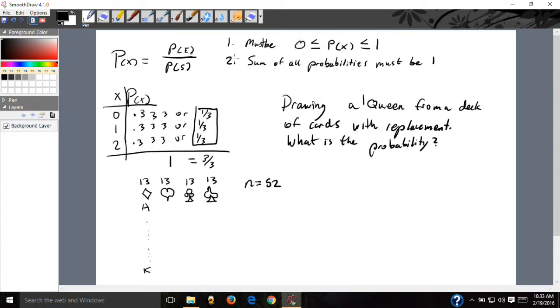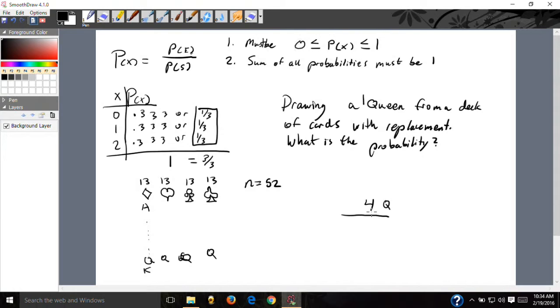Well, the event in question here is really how many queens are in a deck. There's a total of 4, and they fit that event that I'm talking about, a single queen. So, I'm going to put on the top of my fraction here a 4, because that's the event, a queen. There's 4 total queens in this deck.